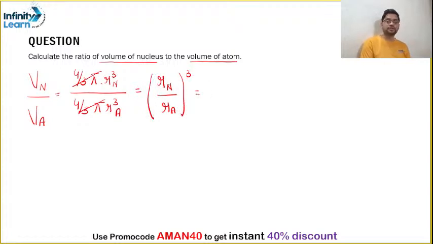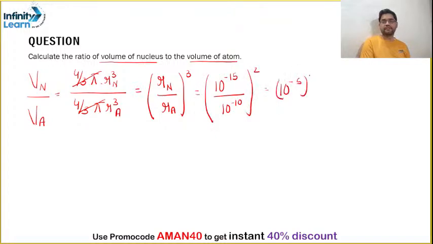What is the order of radius of nucleus? It is around 10 raised to minus 15, divided by 10 raised to minus 10, the whole cube. That is equal to 10 raised to minus 5, the whole cube, which is 10 raised to minus 15. So the volume of nucleus is 10 raised to minus 15 times the volume of atom.